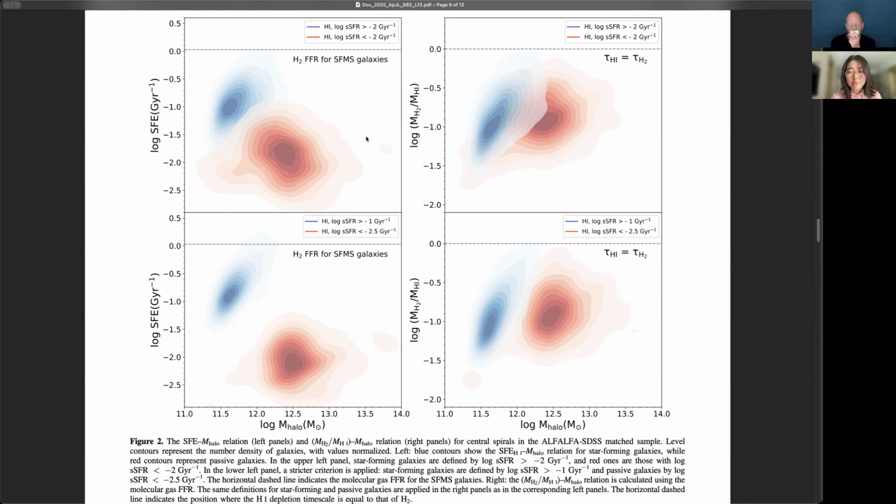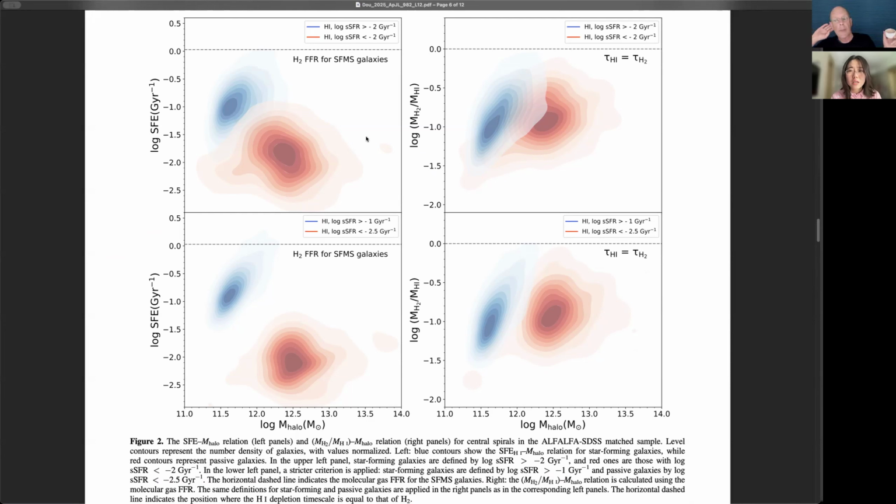As mentioned above, the H2 to H1 ratio is found to correlate with the midplane pressure. But actually, in many studies, they calculate the midplane pressure only considering the contribution of the gas and the stars, and they usually neglect the role of the dark matter halo.